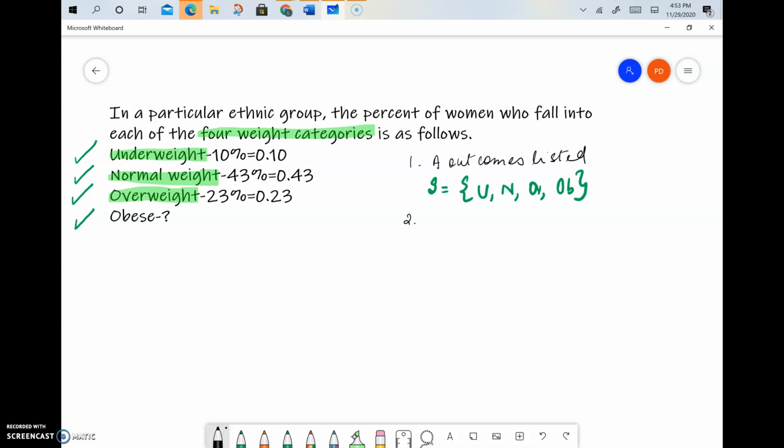The second is all associated or corresponding probabilities are listed. And the probabilities are between 0 and 1. And finally, all probabilities add up to 1.